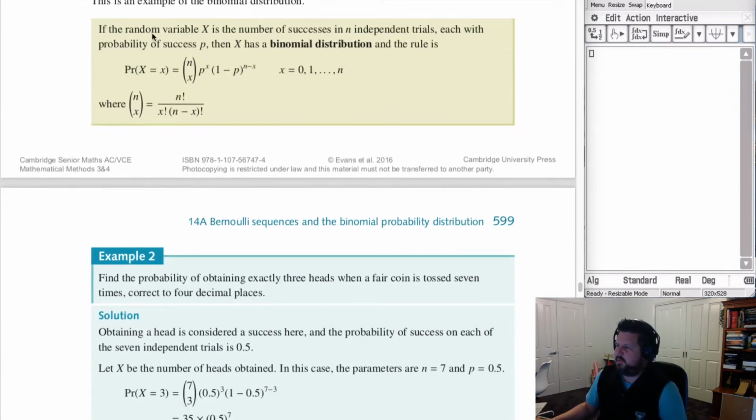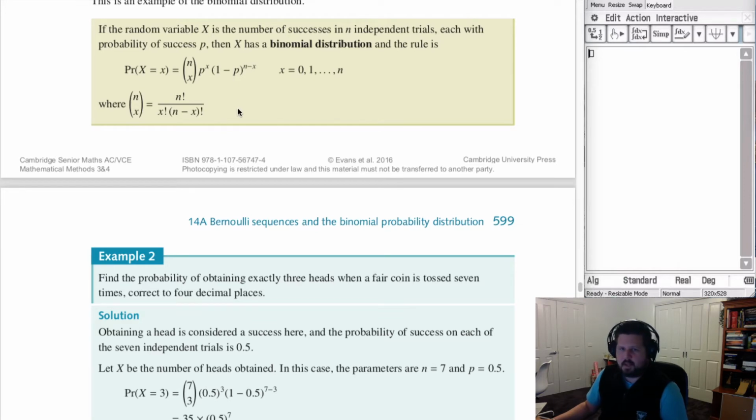It says if the random variable x is the number of successes in n independent trials, each with probability of success p, then x has a binomial distribution, and the rule is as follows. Now notice here n is how many independent trials there are, we've got p, the probability of success, and also built into that is the probability of failure, which is 1 takeaway p.